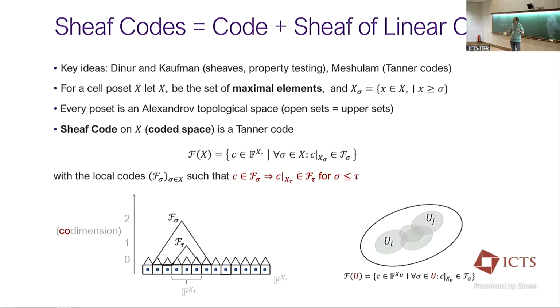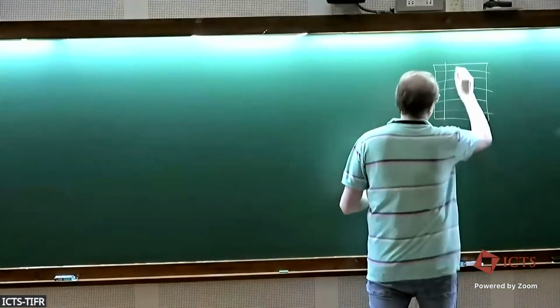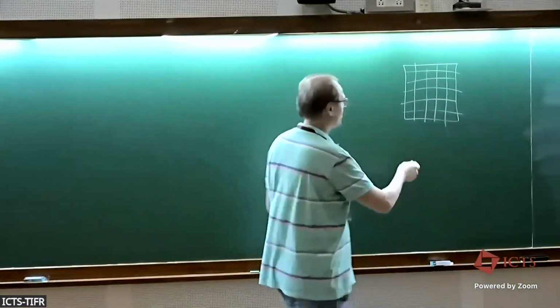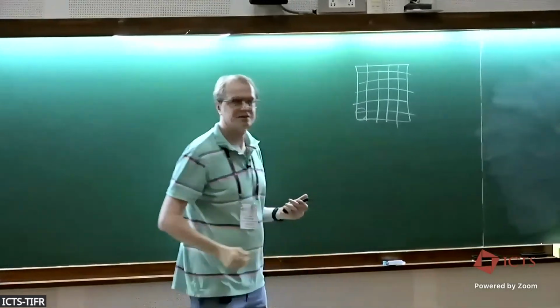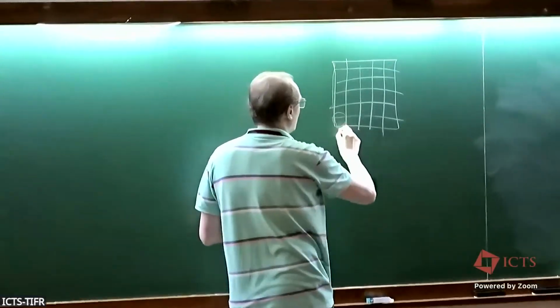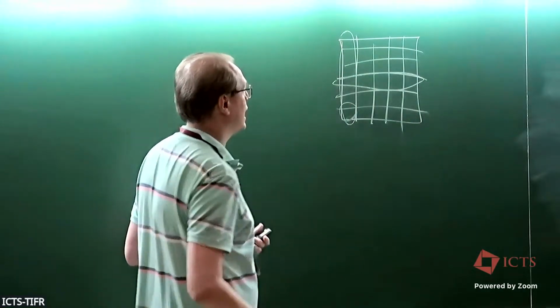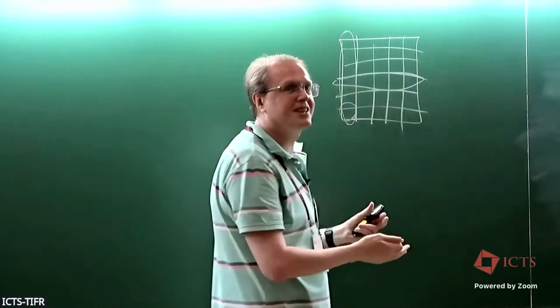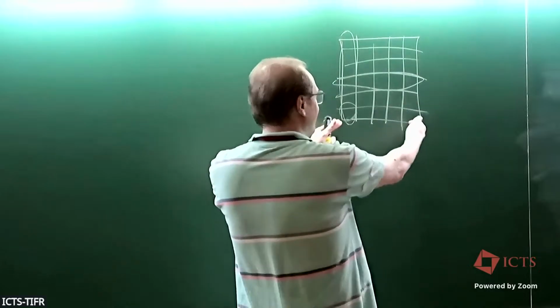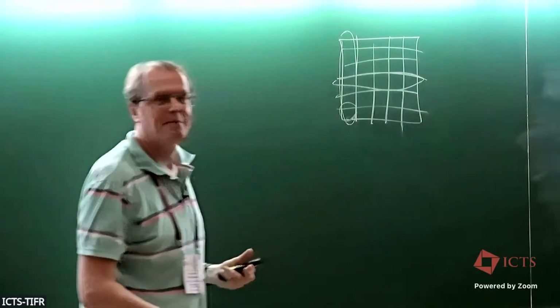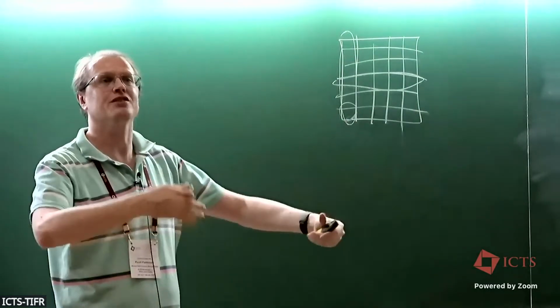For example, take a tensor product code. What localities do we have? We have individual bits. We have local codes that correspond to rows and columns. And we may even give another local code, the global code. But in high dimension, the situation is even more interesting.